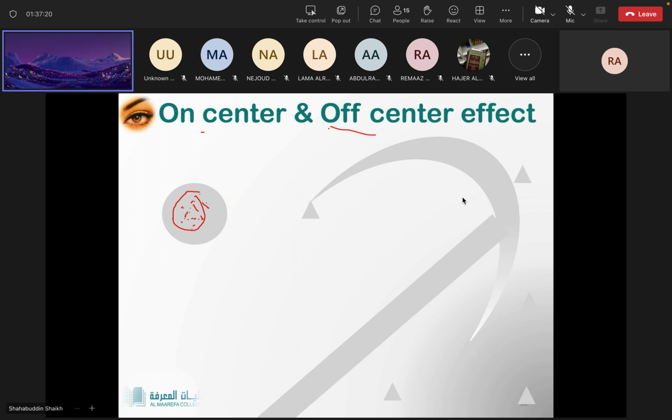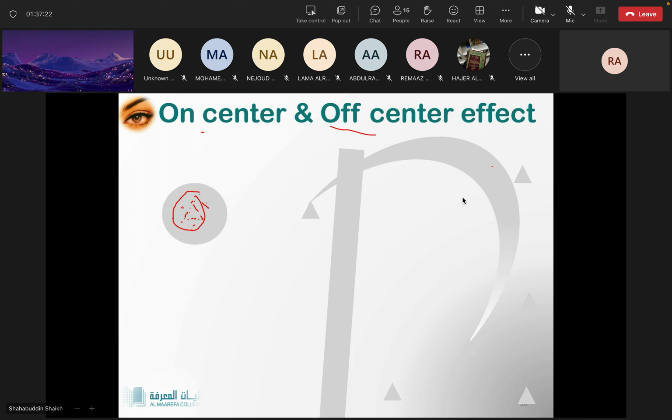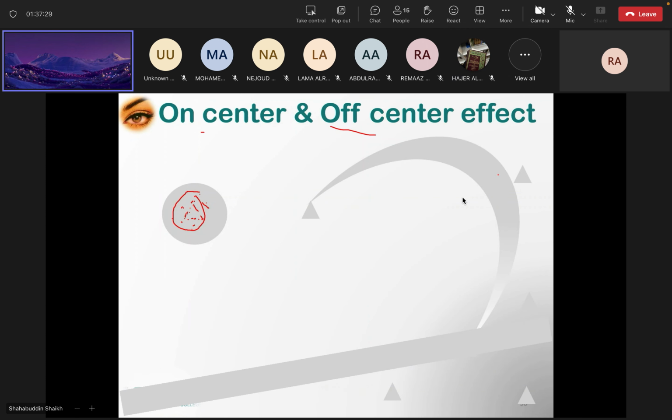This is the effect of on center and off center cells in the retina. What they are doing is just enhancing the contrast. Here the rod is darker as compared to the background, so that darkness is enhanced. Here the same rod is lighter as compared to the background, and that lightness is enhanced, therefore the rod looks white here. Are we clear till this part?